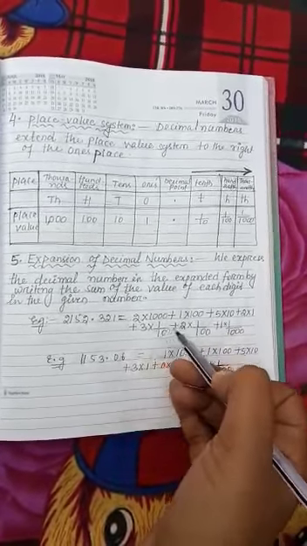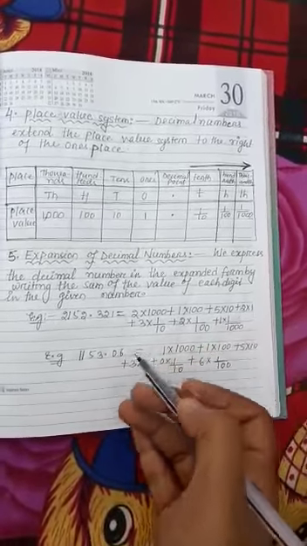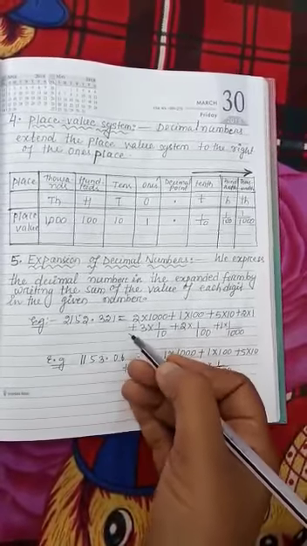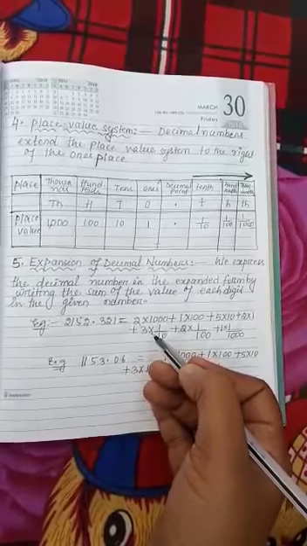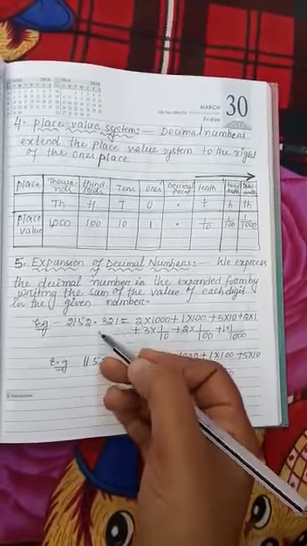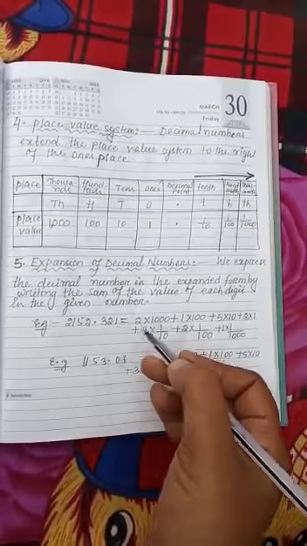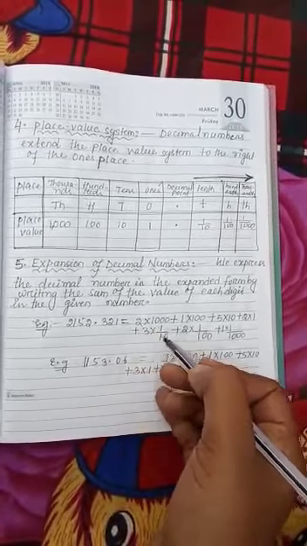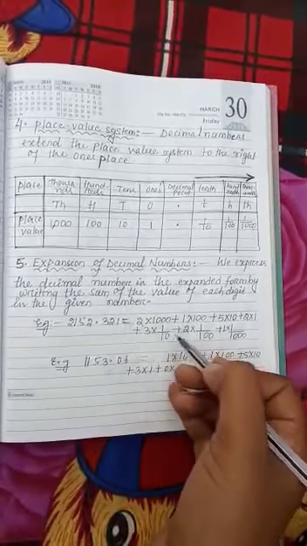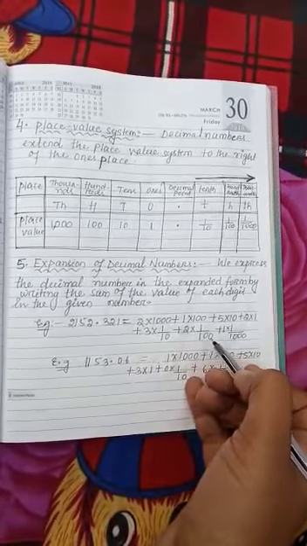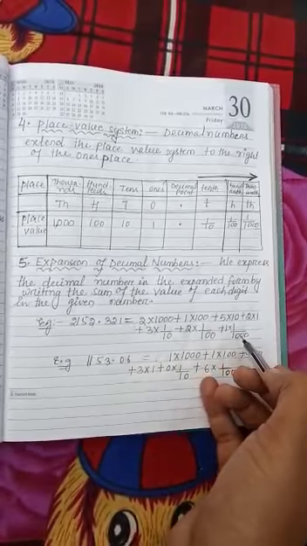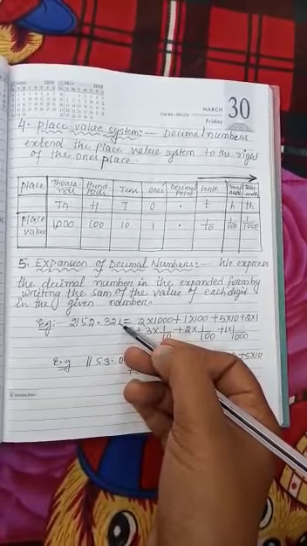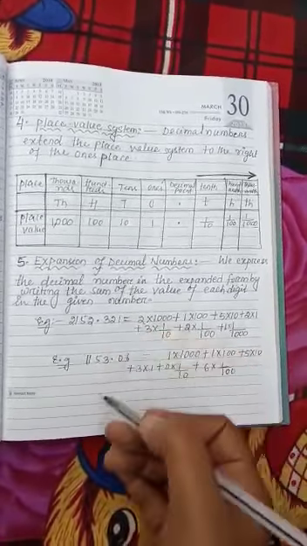After the ones place you have to start the decimal part. Then 3 into 1 by 10, because its place value is 3/10, plus 2 into 1 by 100, plus 1 into 1 by 1000. The place value of 1 is 1/1000.